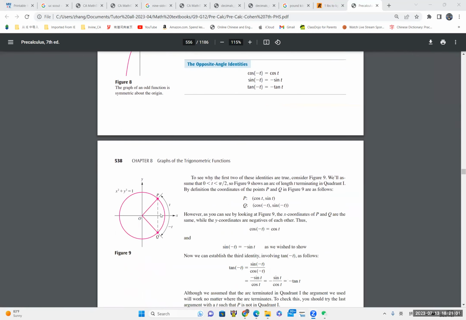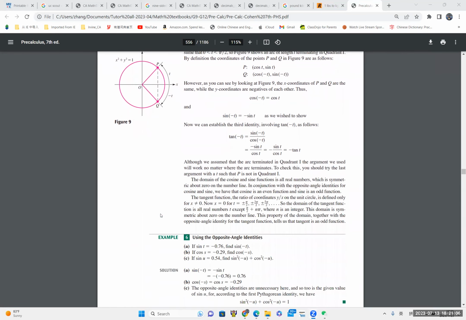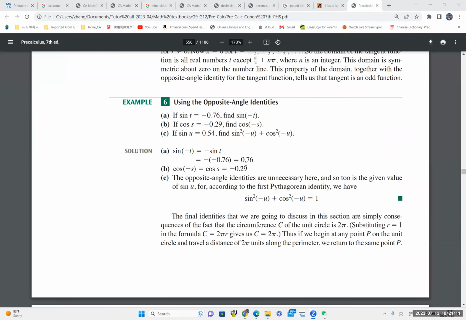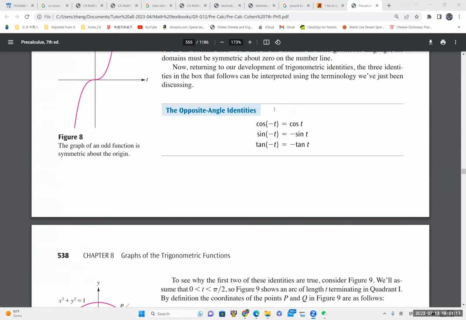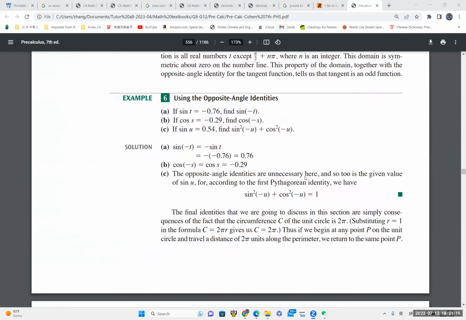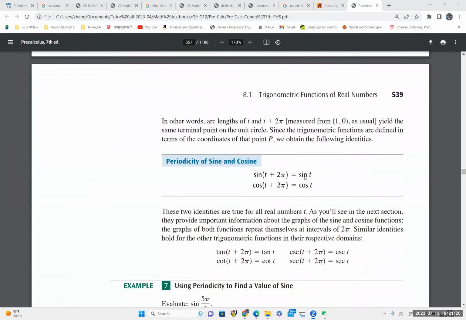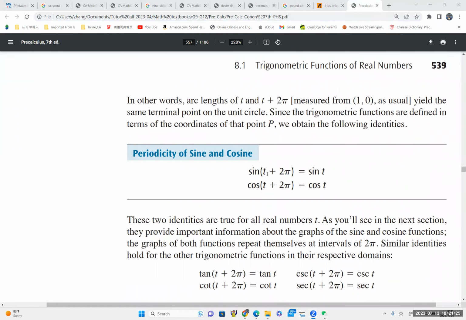Make sure if you have questions, let me know immediately. So this will be very useful in simplifying, right? Sine and cosine are both what we call periodic functions, right?